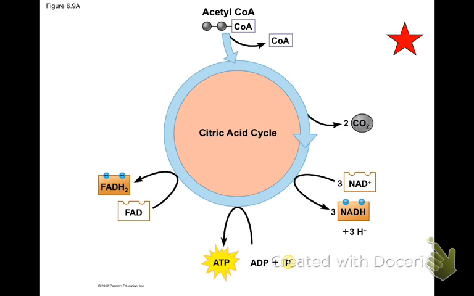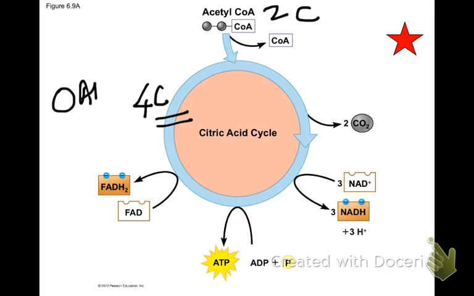Now, acetyl coenzyme A enters the Krebs cycle. Now, remember, acetyl coenzyme A is a 2-carbon molecule. Okay, it has a 4-carbon molecule already. The citric acid cycle. It's called oxaloacetic acid. Okay, and that becomes a 6-carbon molecule.